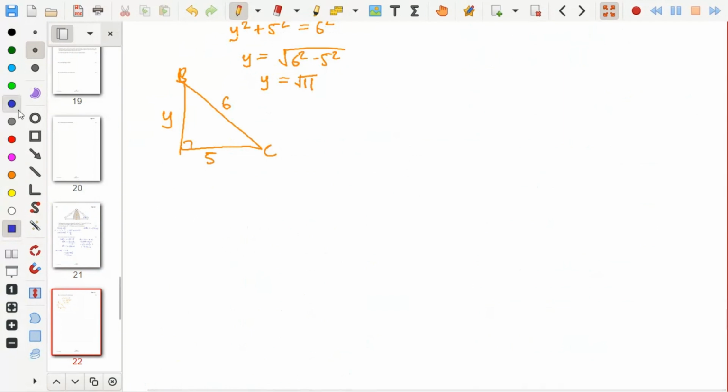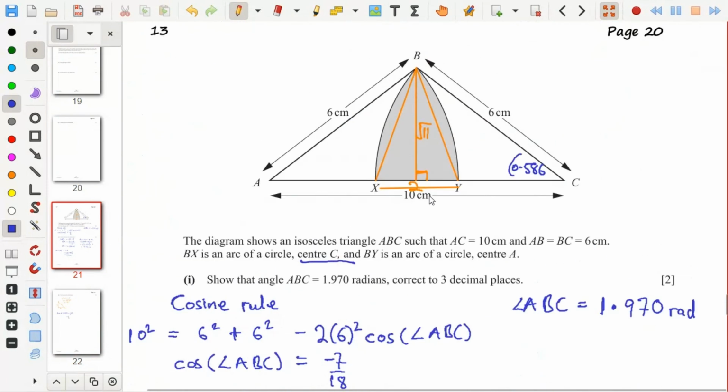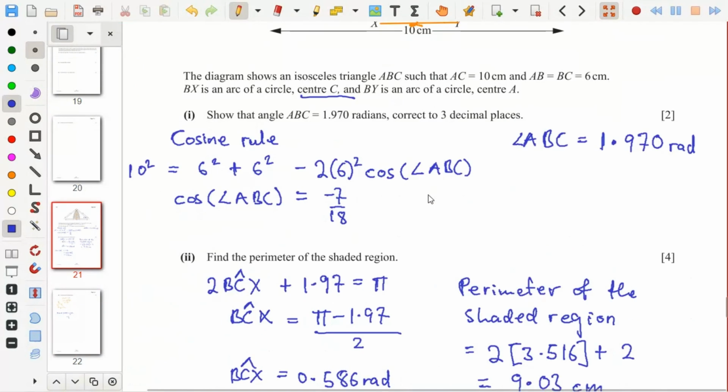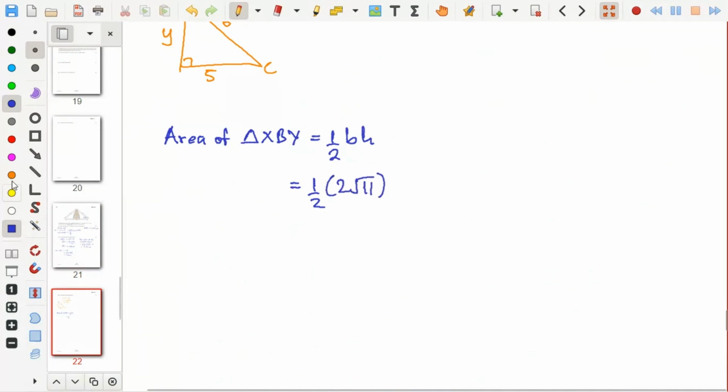So area of triangle XBY is half times base times height. What is the base? The base is 2 and the height is root 11. So right now, I know for sure that the area of XBY is root 11.